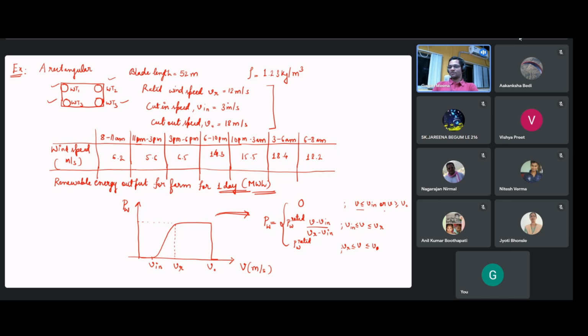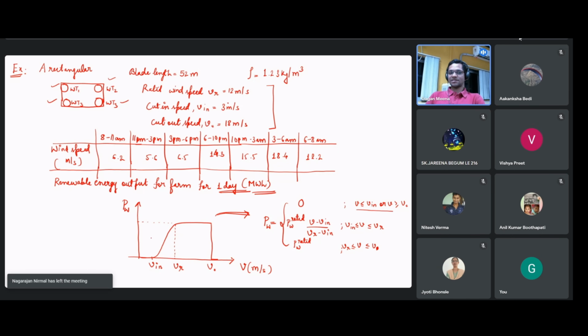When the speed is less than V in or greater than V out, the power output is zero. Below this it is zero, beyond this is also zero. Between V in and VR, we have approximated it linearly. So we can write a straight line equation between these two points, where the slope is this divided by this. And between rated and cutout, the output is PW rated.